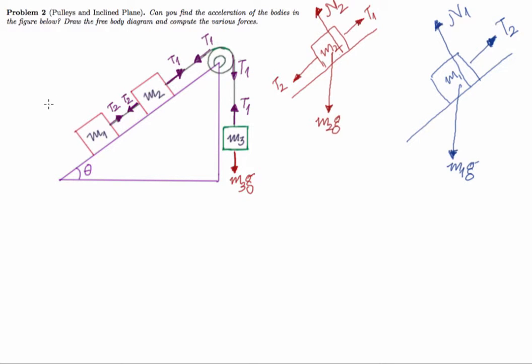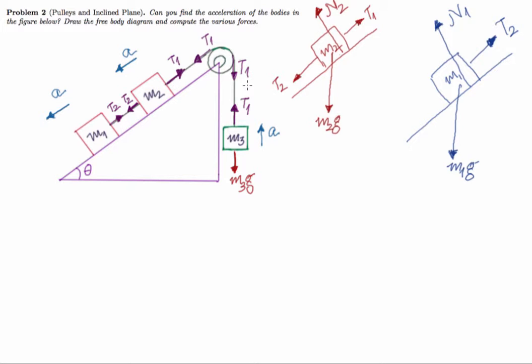So we can assume safely that M1 has an acceleration a down the incline, M2 has an acceleration a down the incline, and by that same token, a is the acceleration of M3 away from the direction of gravity.